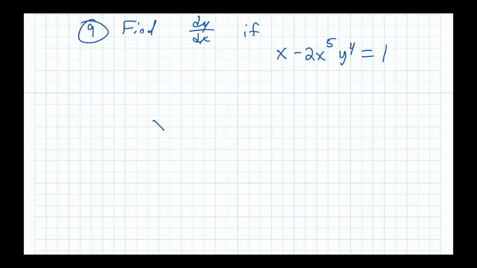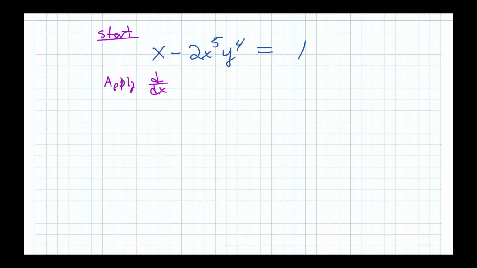So let's start here. x minus 2x to the 5th y to the 4th equals 1. So the way you solve this, this is the start, then you're going to basically apply your derivative. So apply d/dx to both sides.